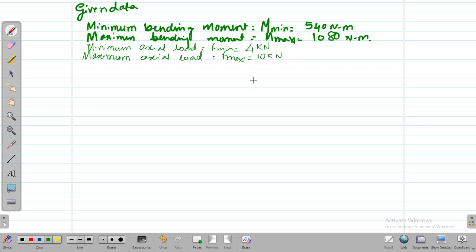Now sigma u is given, sigma u is 570 megapascal. Sigma y is given, it is 420 megapascal. And FOS is given, it is 2, right. Other parameters are not specified here.